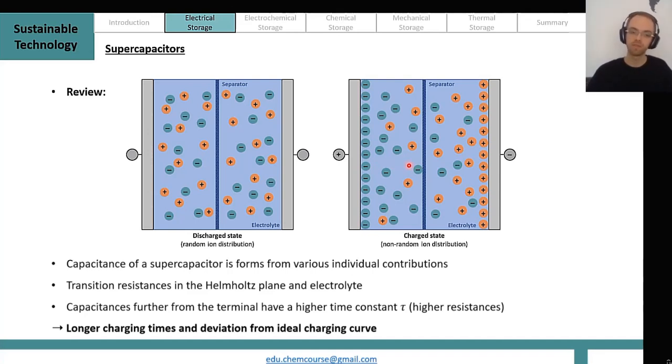So typically supercapacitors have longer charging times, and they also show certain deviations from ideal charging and discharging curves, due not only to different capacitance contributions, but also to different time constants during charging and discharging.